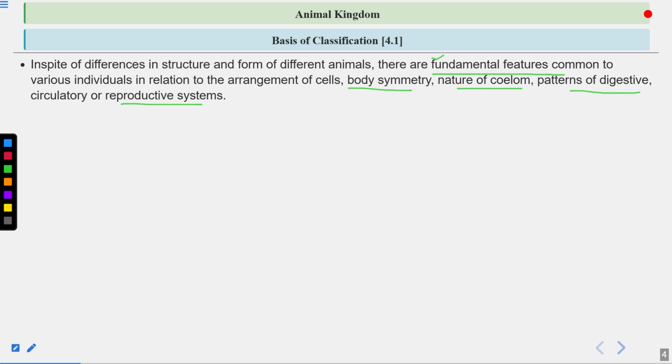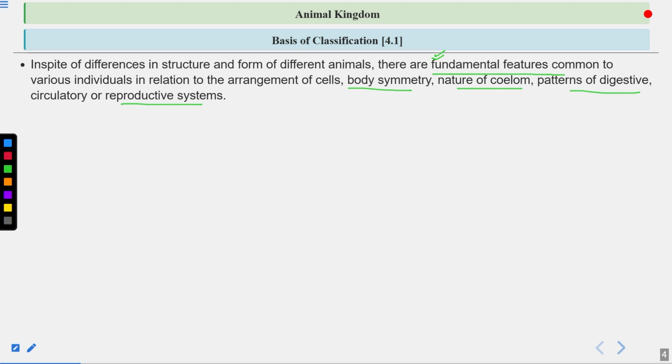So what are the fundamental features? Fundamental features are those features that are present in every organism. So we must know what the fundamental features are. But these fundamental features show some differences in every organism.